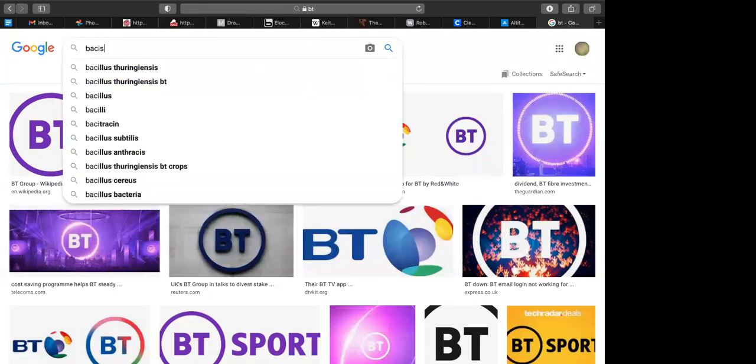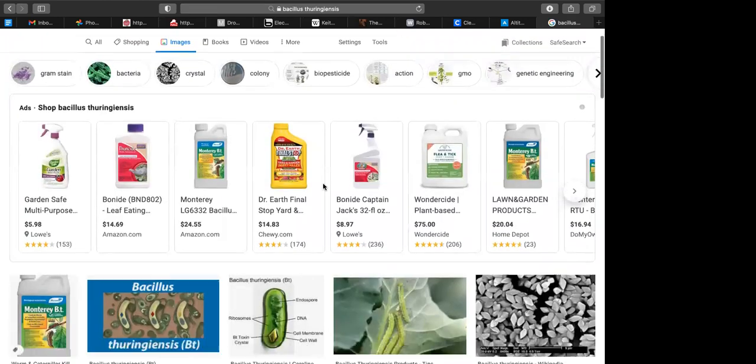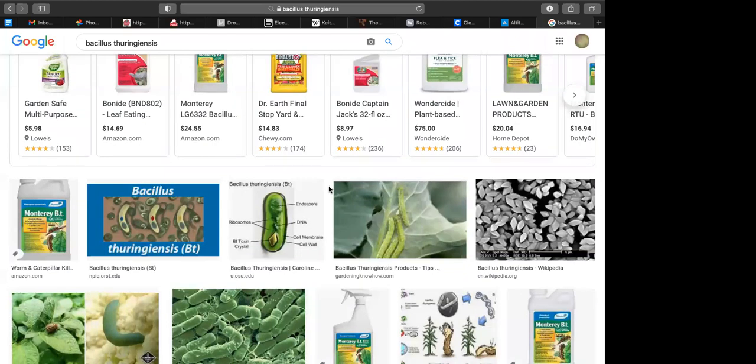It's right there. Thank you. That's something you can use for the worms that you see on your crops. It's effective.